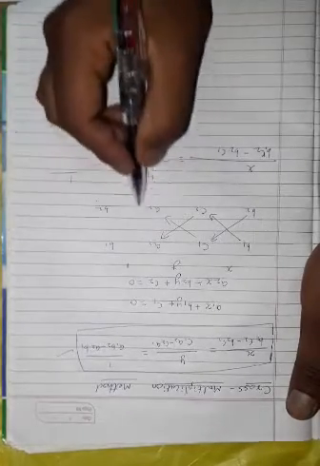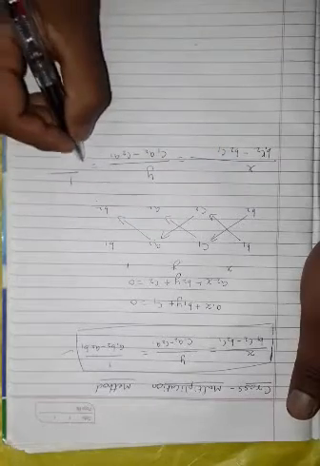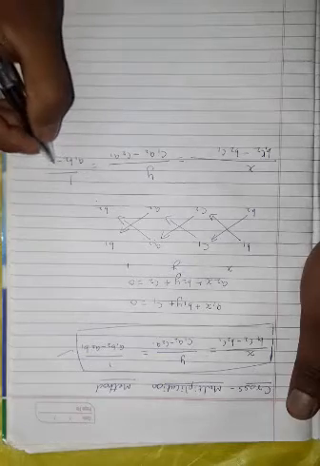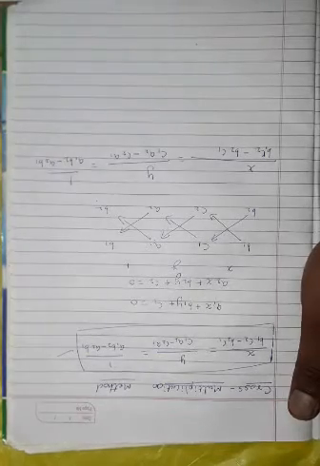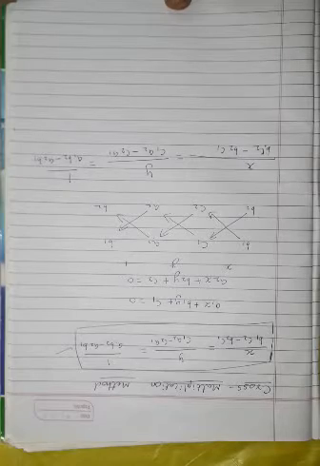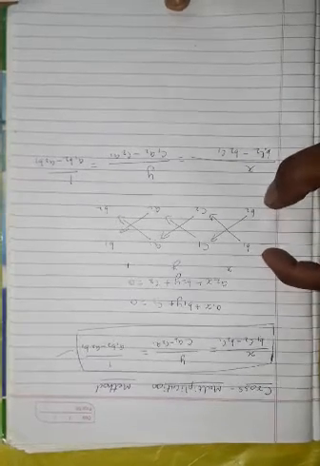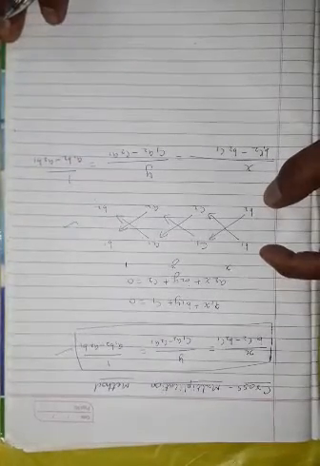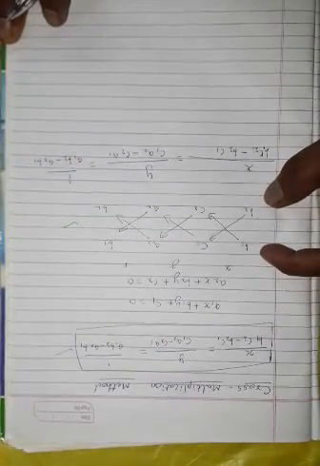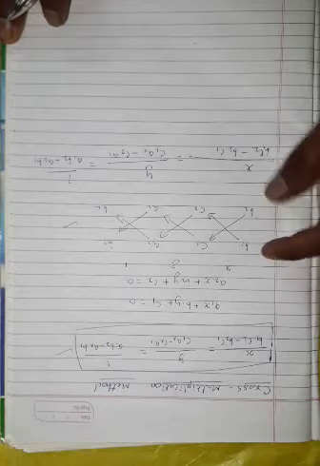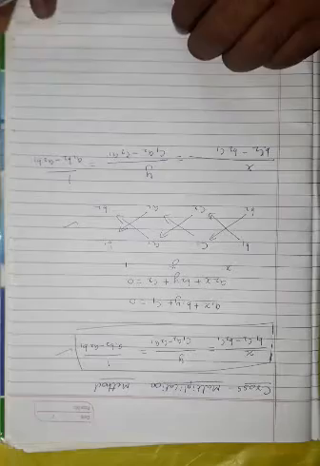Then for the constant place, a1 into b2 minus a2 into b1. So this is how we can remember the formula. This diagram pattern we can also use while solving questions, which will make it a bit easier. Now let's see how to solve a question.